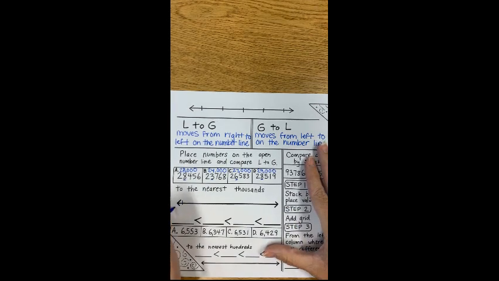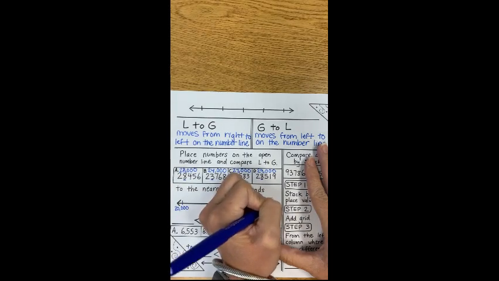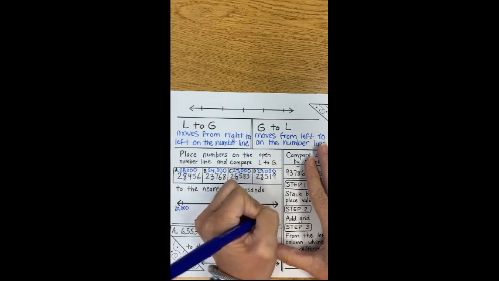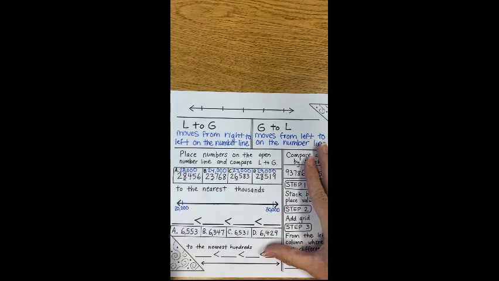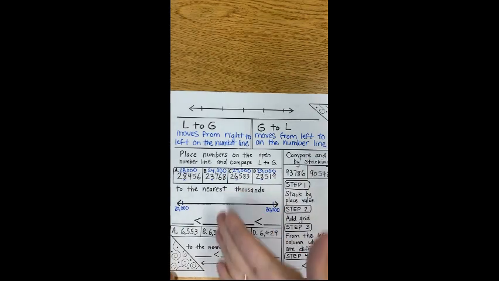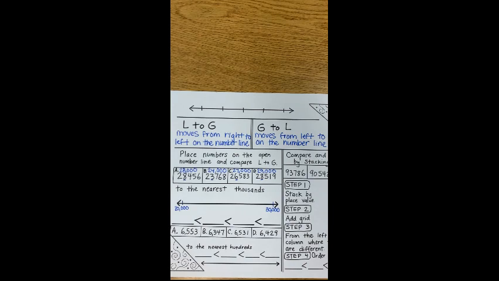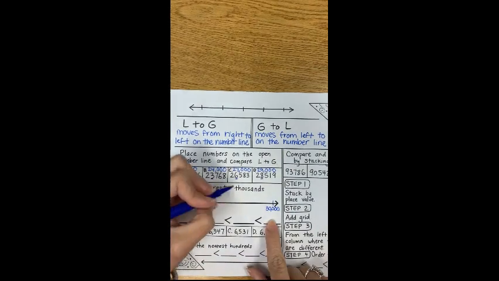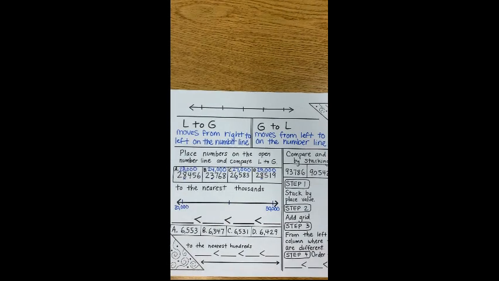They're wanting us to take this estimation and place it on the number line. My number line, these numbers all fall between 20,000 and 30,000. Next, on this number line, I need to find my halfway point. Where is halfway between 20,000 and 30,000? I'm going to put that about right here, which would be 25,000.